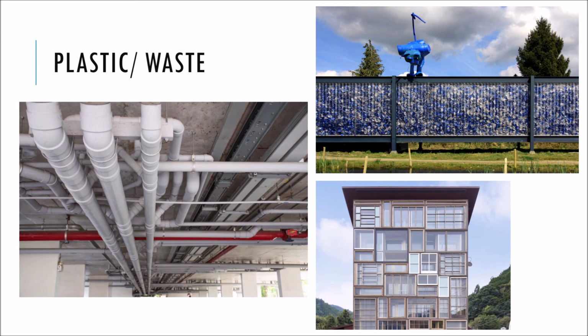The last material that is being used is plastic or waste. Because of environmental issues lately, many buildings are using plastic waste in their facades. Plastic is usually used in pipes, like in the image, or the waste of it can be used in other projects.